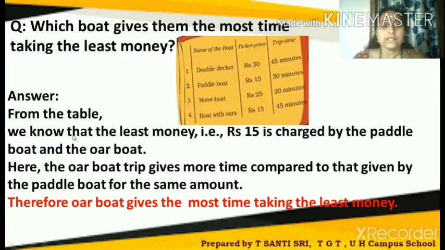So, we know that the least money is taken by paddle boat and oar boat, which is nothing but 15 rupees. Here, the oar boat trip gives more time compared to the paddle boat, but with the same amount. Therefore, oar boat gives the most time, taking the least money.